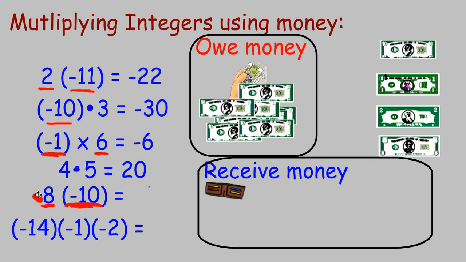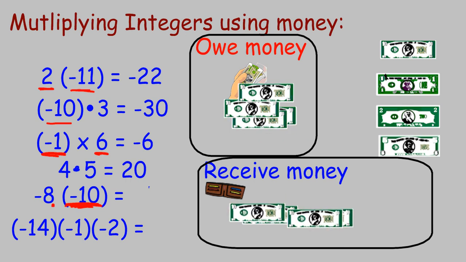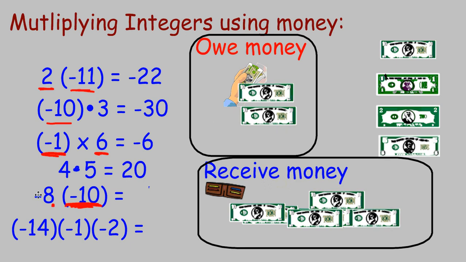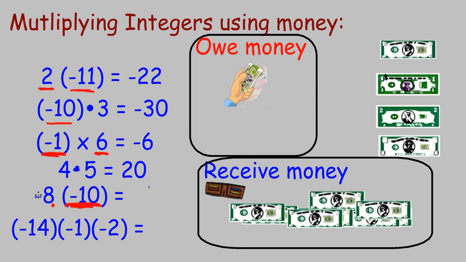But now we have the opposite of that. So instead of owing 8 people $10, we're actually receiving $10 from 8 people, because we have the opposite. Okay? And what do we have in all then? We get a positive value.